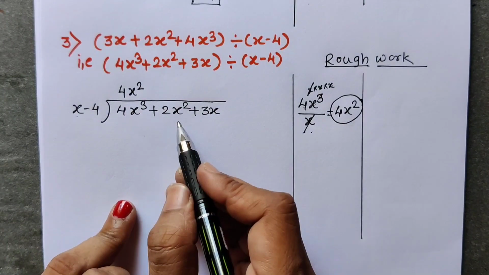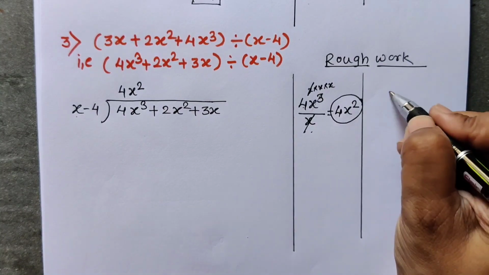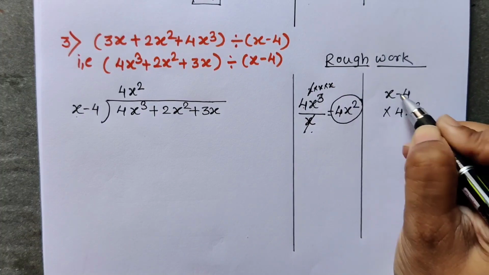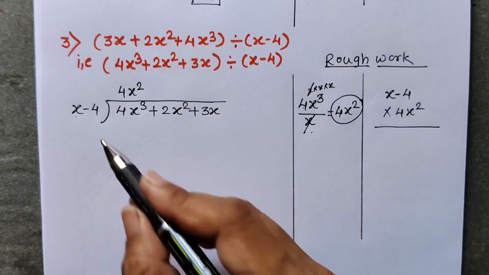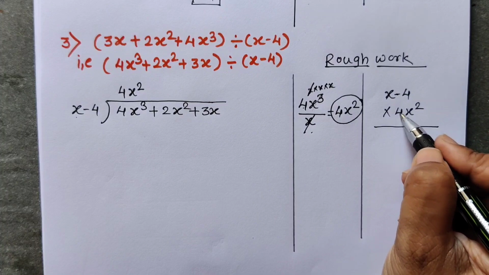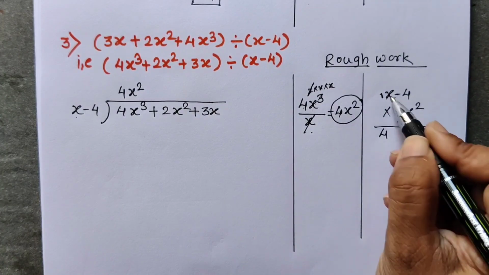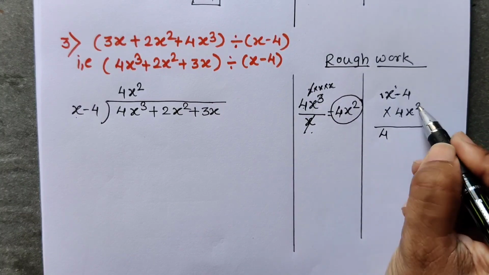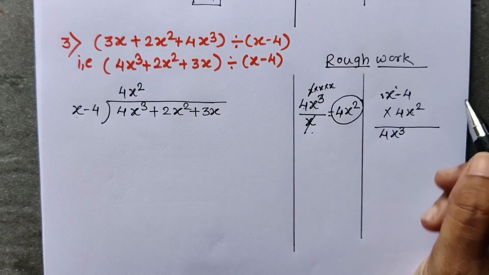and what we have to write under the dividend, we can find out by multiplying this x minus 4 by 4x square. In this way we can find the polynomial which we have to write. So 4x square into x: coefficient 1 into 4 is 4, and x into x square, index is 1 and index is 2, becomes x cube, since 1 plus 2 is 3.